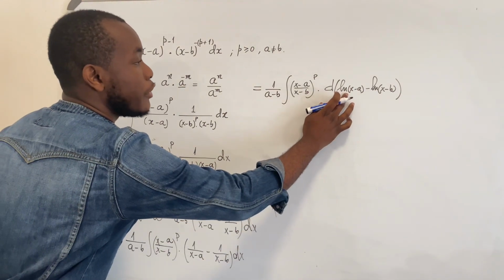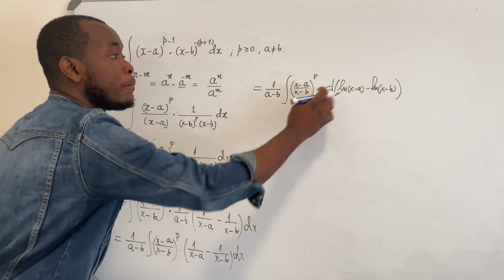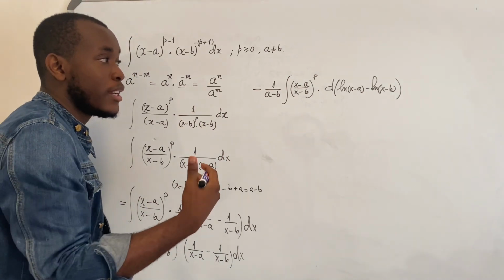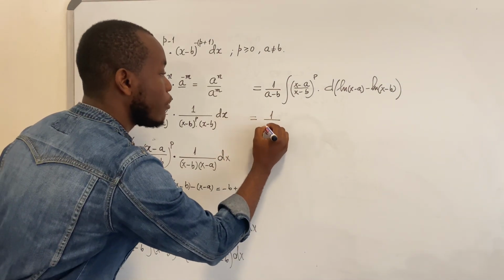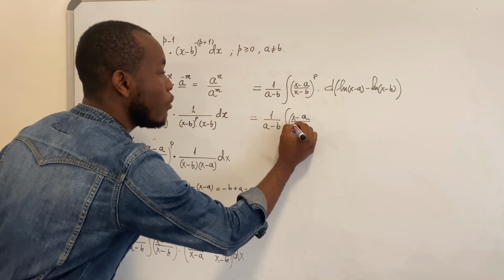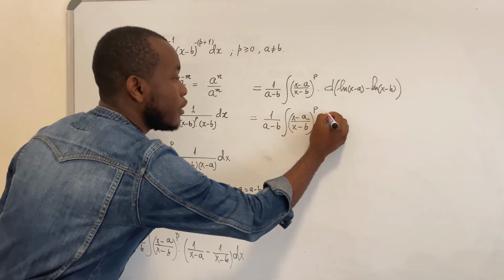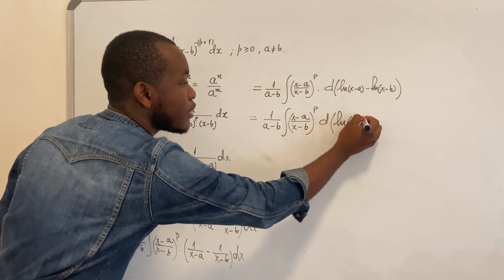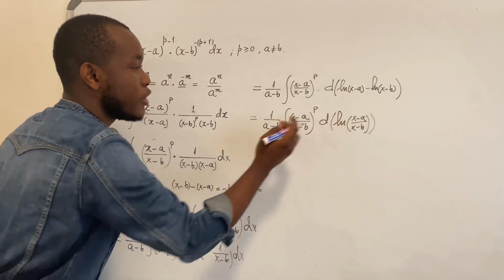Now, if this derivative gives me this one and this derivative gives me this one, we can apply the logarithm rules, which is ln of a minus ln of b. It's dividing the arguments. So this is gonna be equal to 1 over a minus b integral of x minus a over x minus b to the power p. Derivative, if I apply the rule, I'm gonna have ln of x minus a over x minus b. Okay, the derivative of this expression.